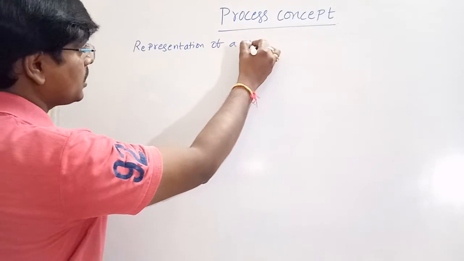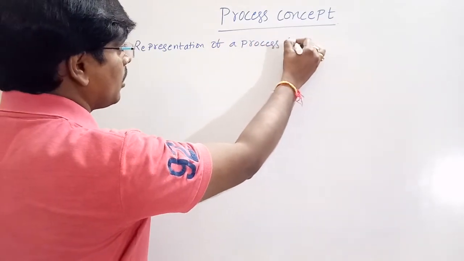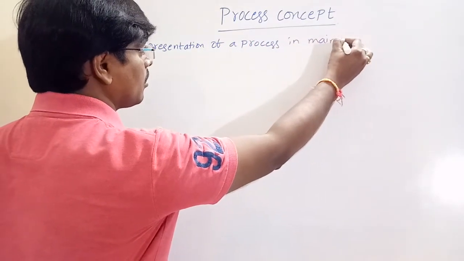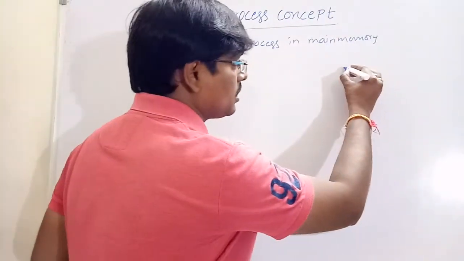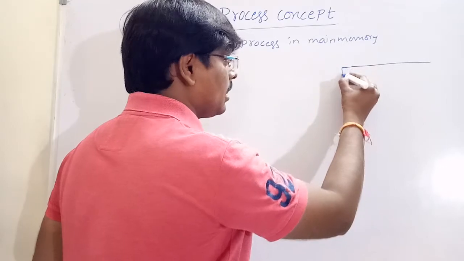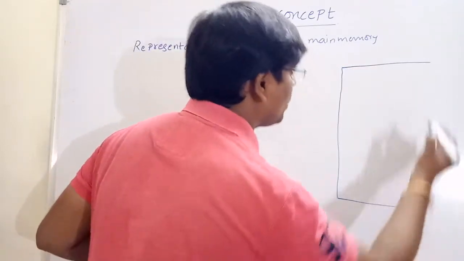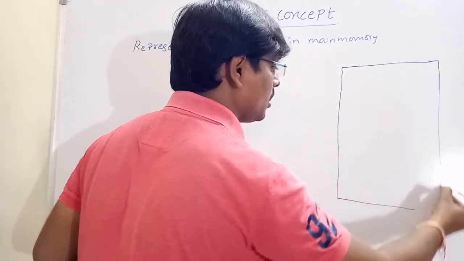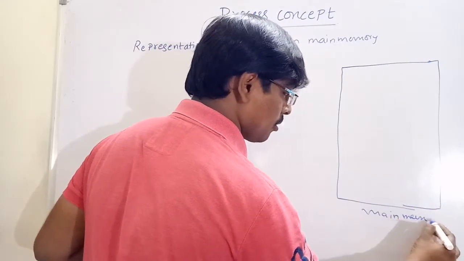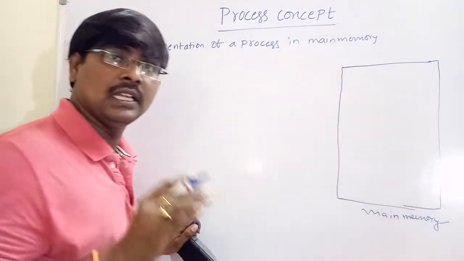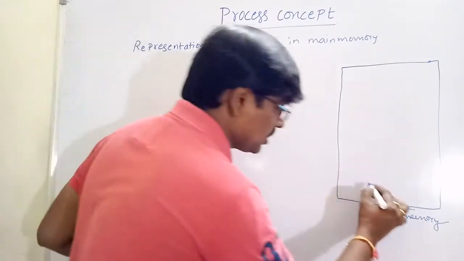Representation of a process in main memory. Okay, see the diagram. Suppose this is the main memory. This main memory is divided into 4 sections.